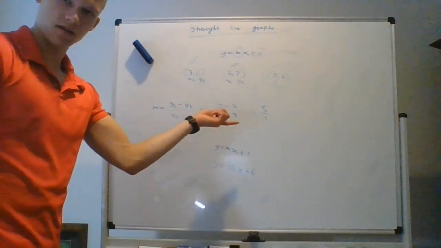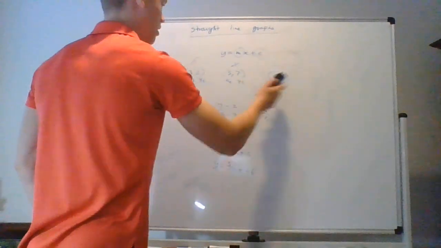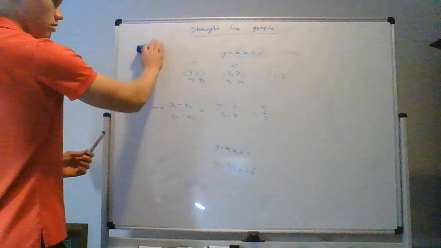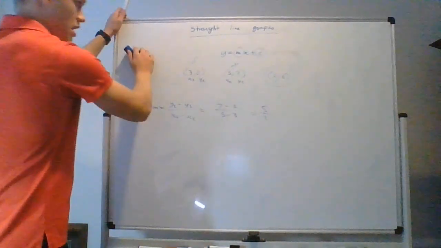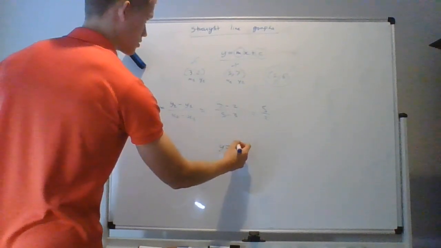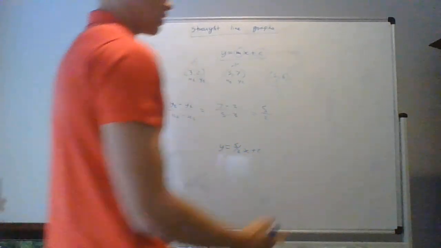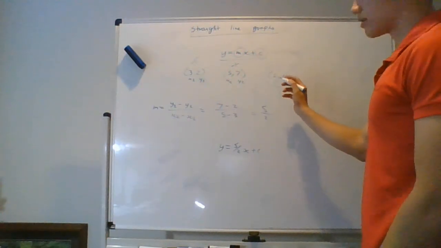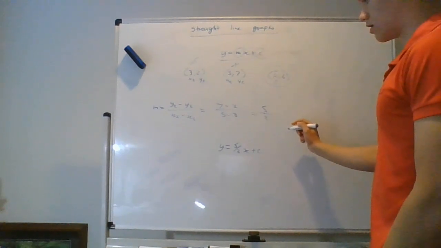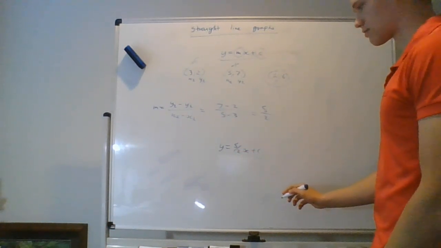Now what happens if they don't give you the y-intercept? Let's say they gave you 1 here. Well, we still know our gradient and we know it's going to be in this form. So we can still go y equals 5 over 2 x plus c. Now we know that this is x and we know this is y. So we can substitute those values in order to determine an unknown.